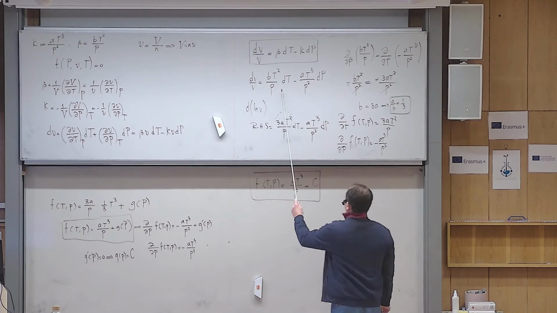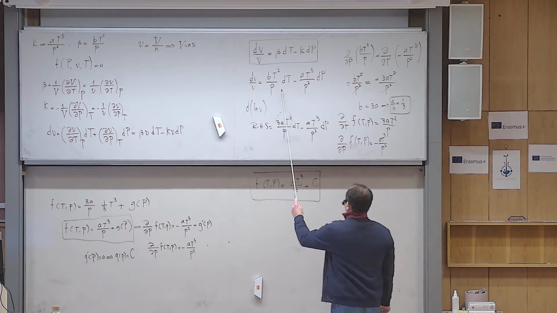Okay, so this means that ln of v is equal to a t cubed over p plus a constant. That constant might be different from this constant. So you can write c plus another constant. Let us absorb both of them and call it, I don't know, k. Okay, that's a constant. But I want to find v.